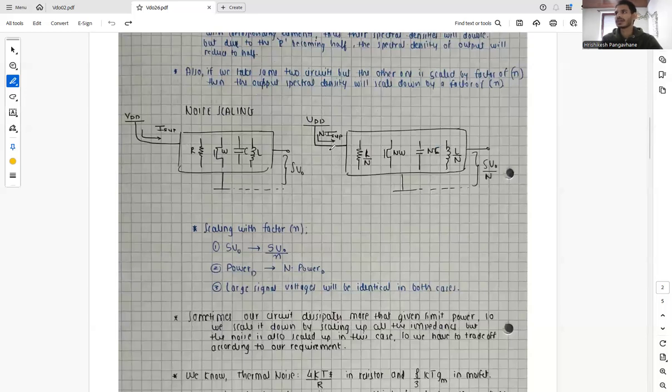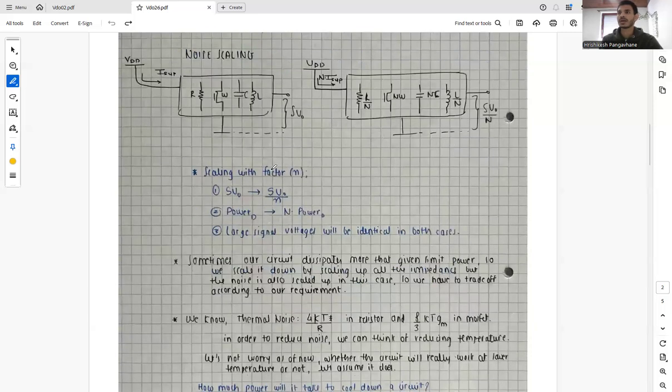Now we can scale it by saying that we have scaled all the elements. What scaling means is the resistance will become R by N, the width of the MOSFET will become N times width, the capacitance will become N times capacitance, and the inductor will oppositely become inductance by N. So what we get as a spectral density of output voltage is scaled down by the factor of n.